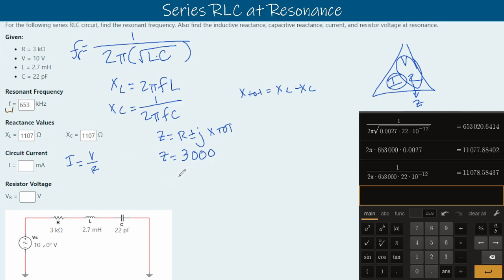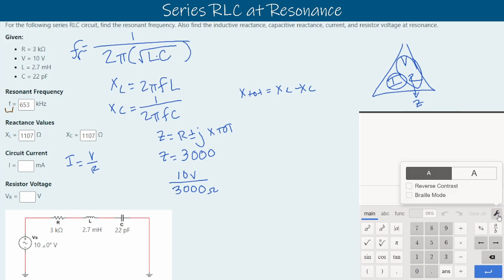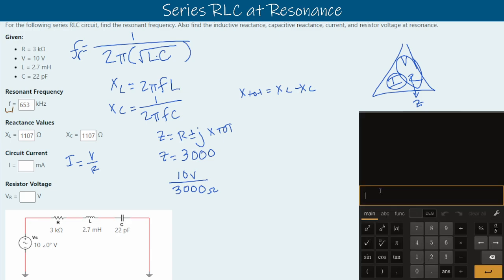We'll say that we have 10 volts divided by 3,000 ohms. 10 divided by 3,000 gives us 3.33 milliamps. We'll plug that in.